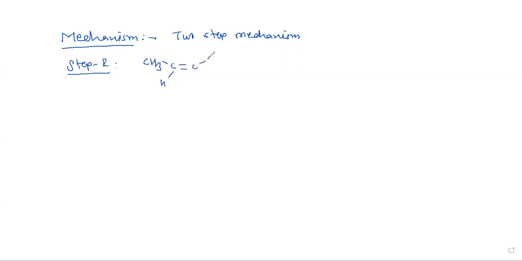CH=CH2 plus, with a small negative charge here and a small positive charge there. The first step is a slow step of the reaction.